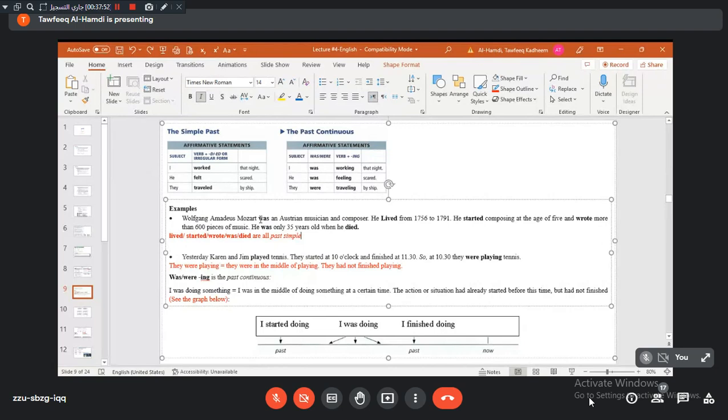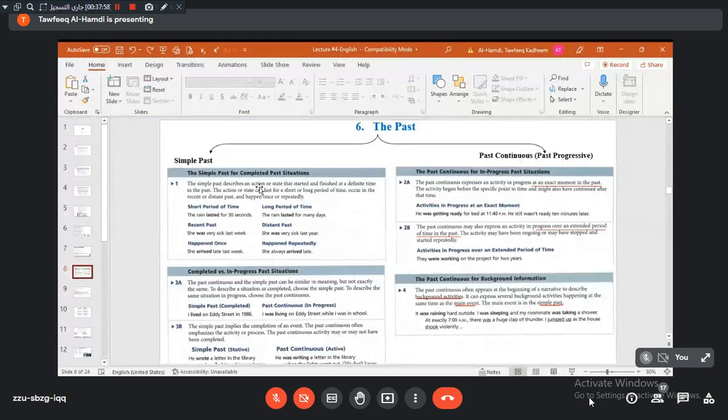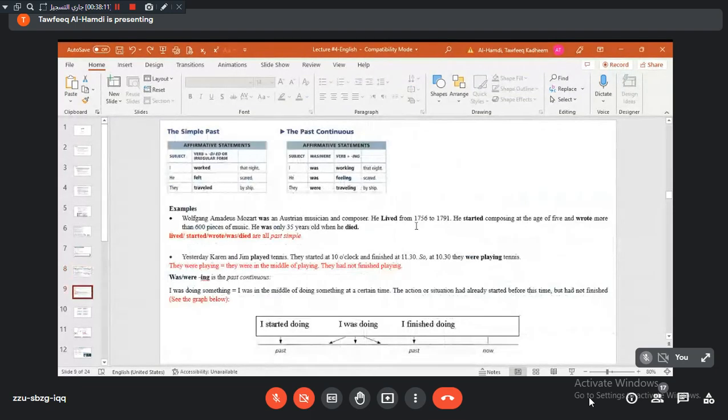We said here, the simple past describes an action or state that started and finished at a definite time in the past. So you know that Mozart is like an ancient musician and composer.